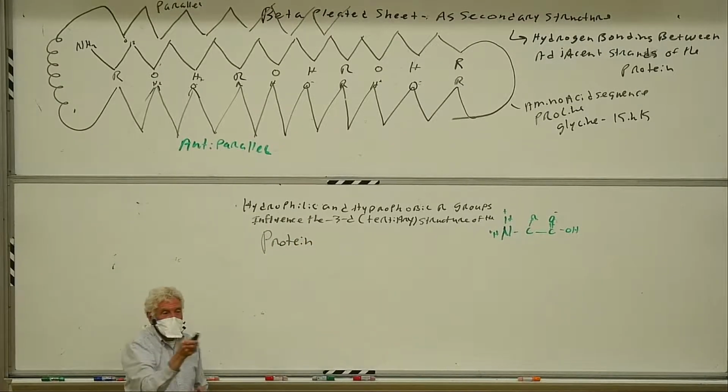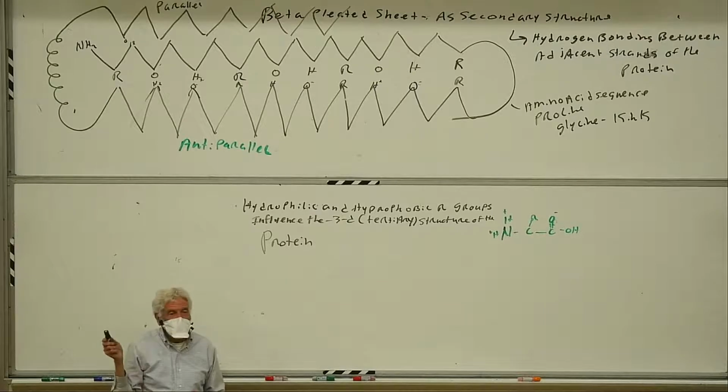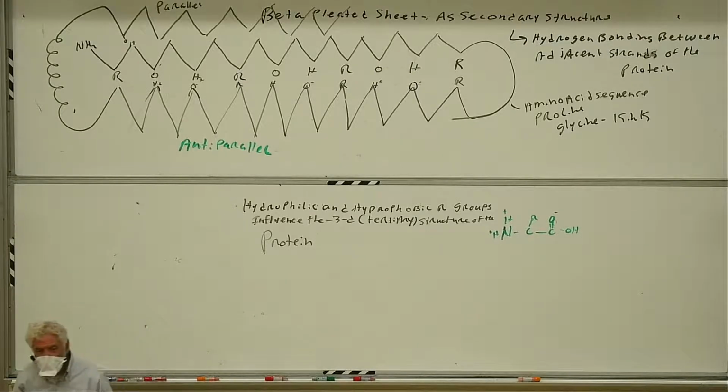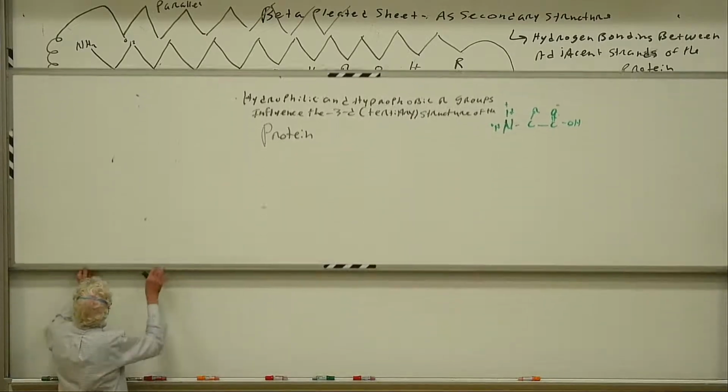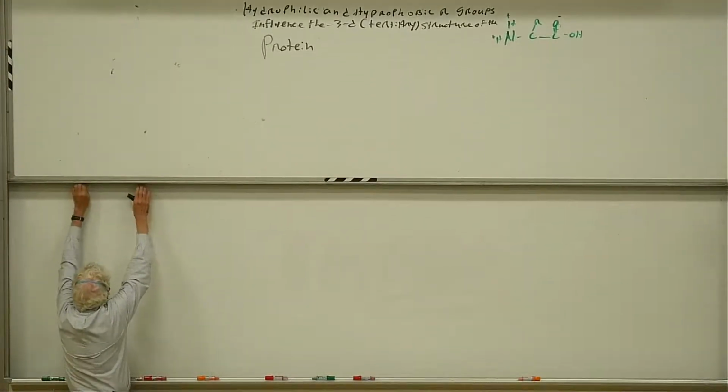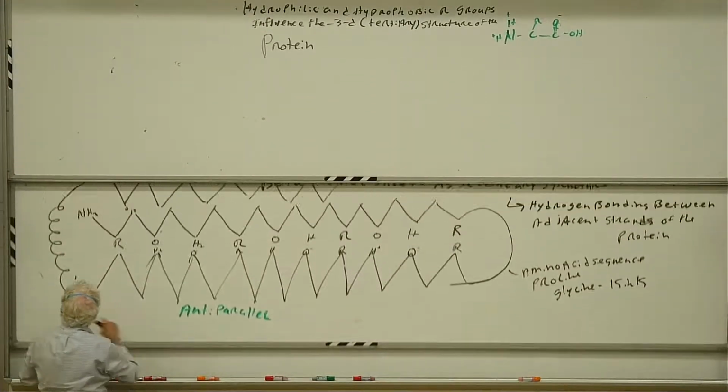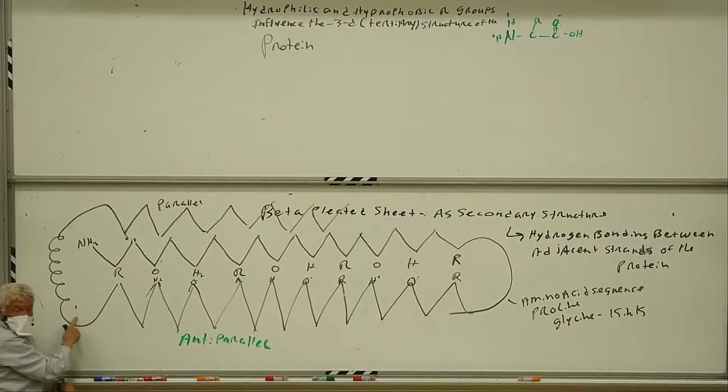There was a question out here. Yes, you. On the beta pleated sheet, the corkscrew end, is that the carboxy end? Oh, I see what you're asking. So your question is about this alpha helix that I've put in the middle of the protein.